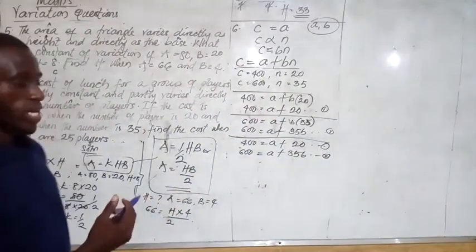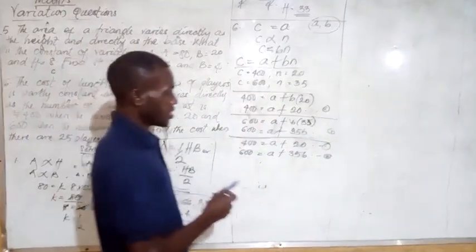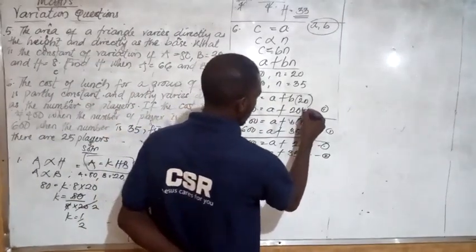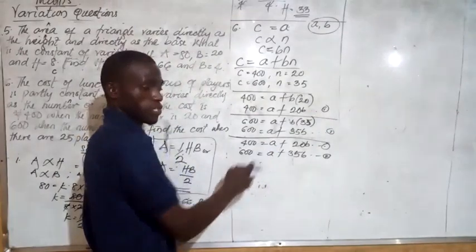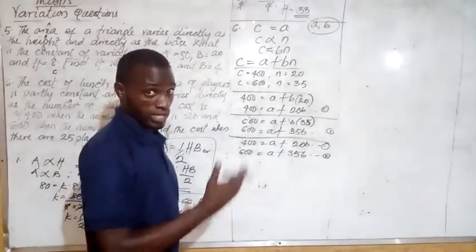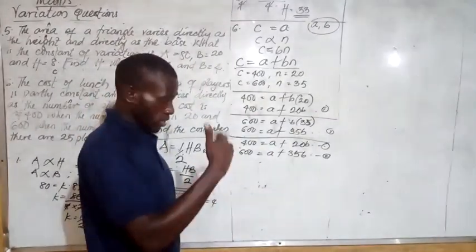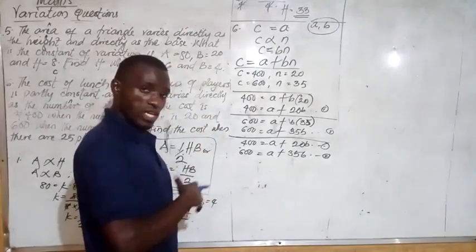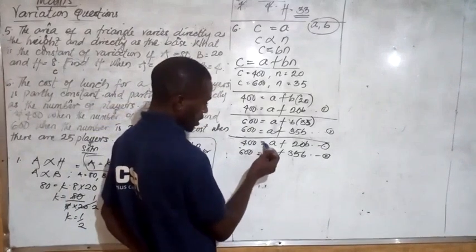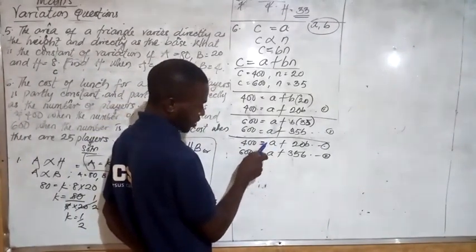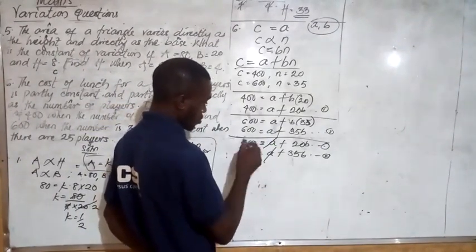So here, we can simply use the elimination method, seeing that the coefficient of A, one of the unknowns, is actually the same in both equations. You see here we have positive and positive, so it means we are going to be using subtraction.